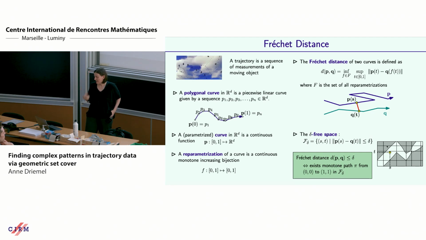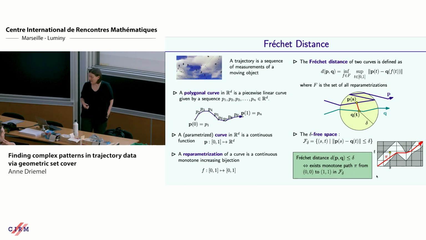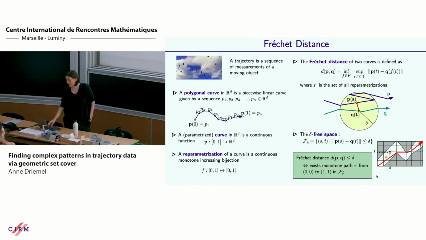And then it's in the so-called free space if the distance is smaller or equal than delta. Here what we mean by this is just Euclidean distance. And now what you're looking for is a monotone path through this free space. If and only if the Fréchet distance is smaller than delta, then there exists a continuous path that is monotone in both coordinates that goes through this space.